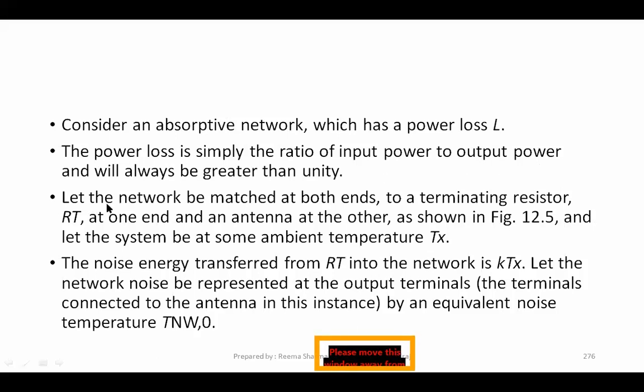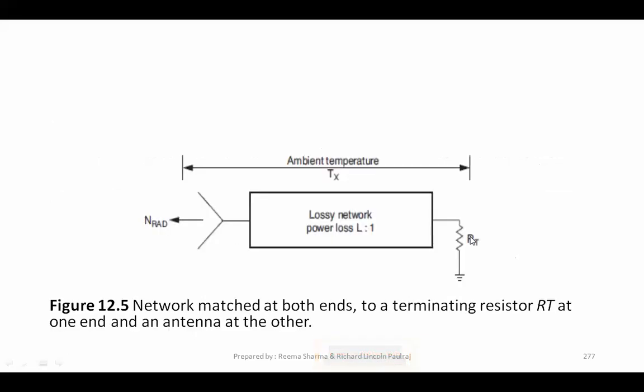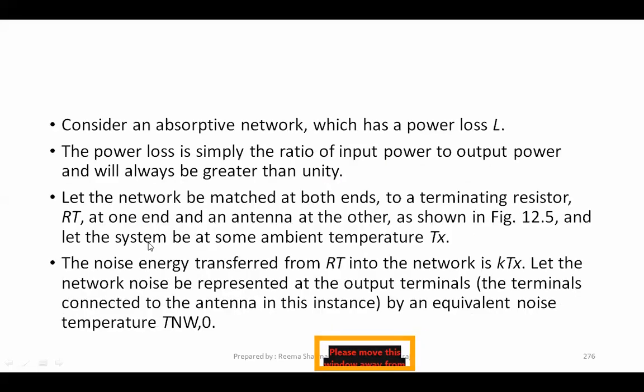So let the network be matched at both ends to a terminating resistor RT at one end and an antenna at the other, as shown in figure 12.5. See this here, you have your radiating noise at one end, then the network which is lossy, and the power loss is L:1, and then you have the equivalent resistor, which is grounded.